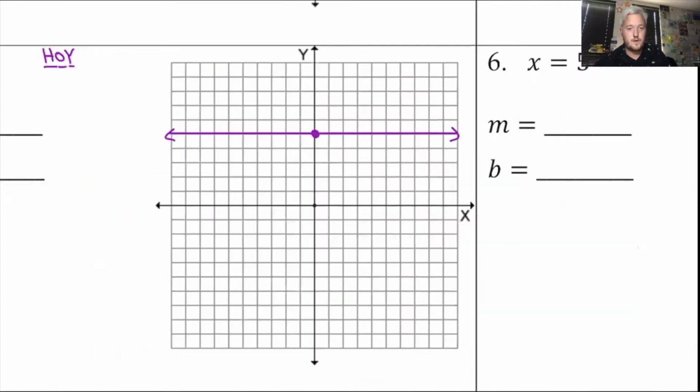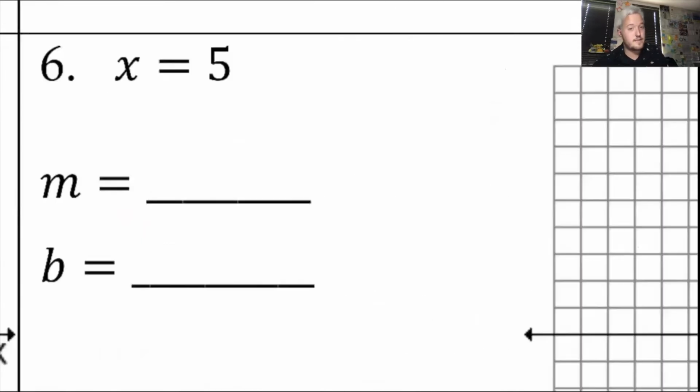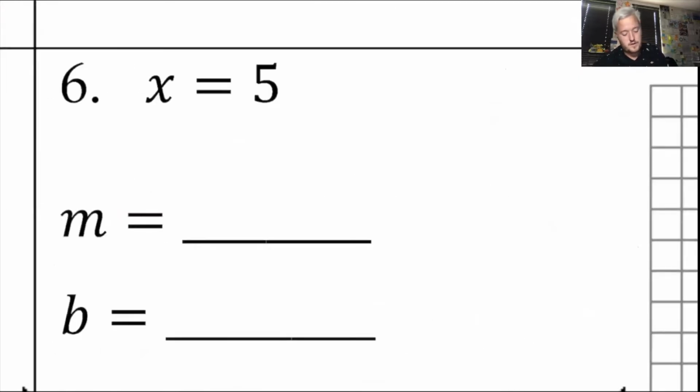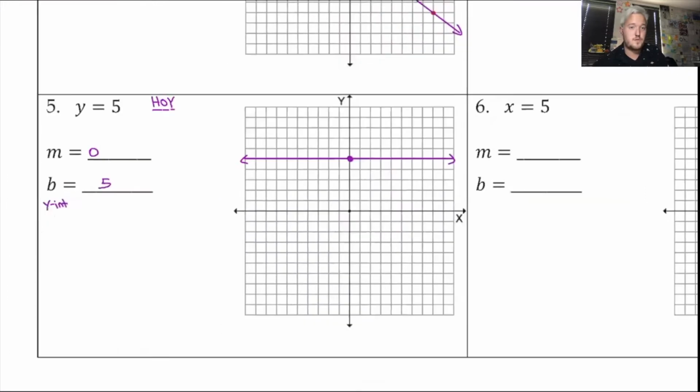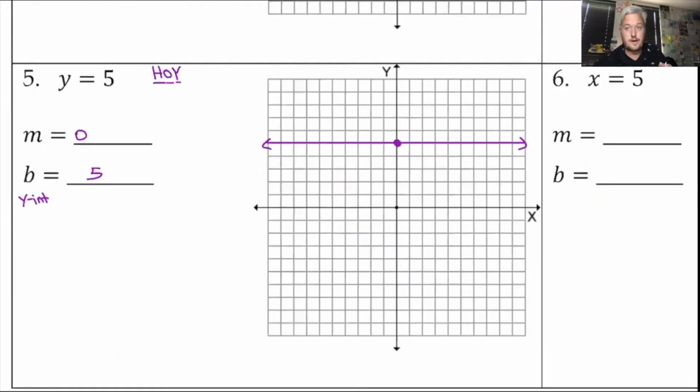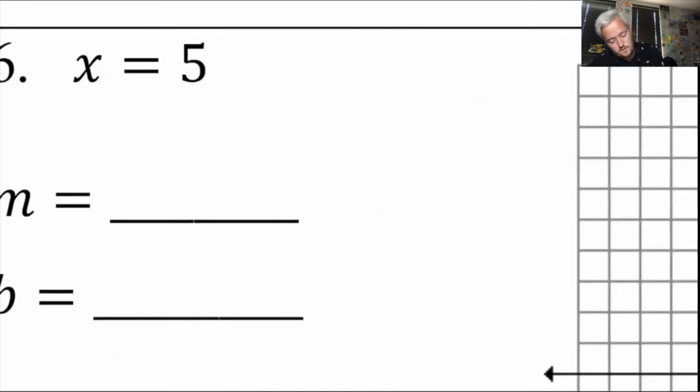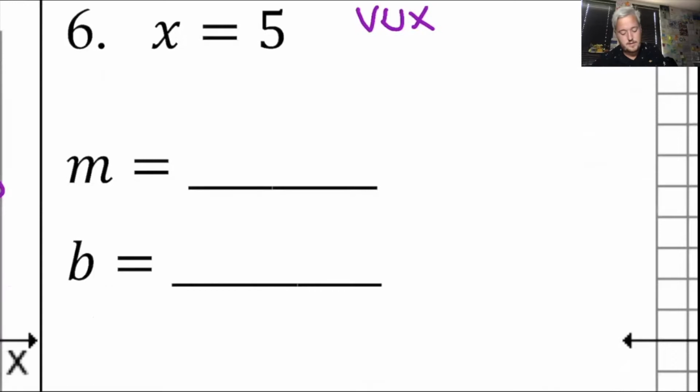Now for number 6, we have x equals 5. I was very strategic when I did these two problems on the notes, how they look really similar, but they're actually vastly different. So this one is going to be a Bucks problem. We have an x equals equation. What that means is we have a vertical line with an undefined slope.